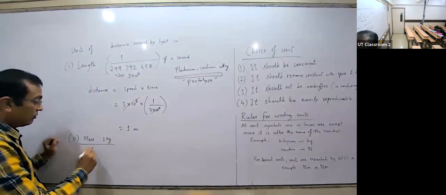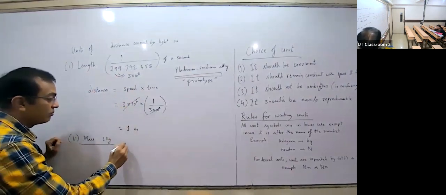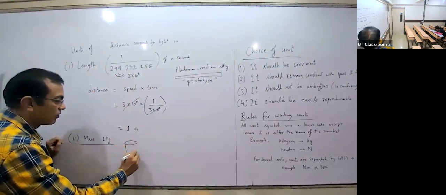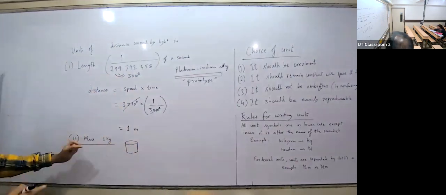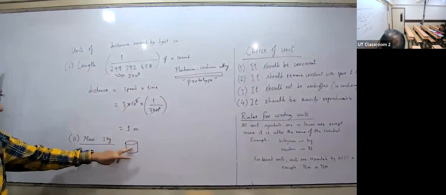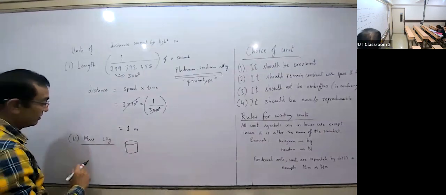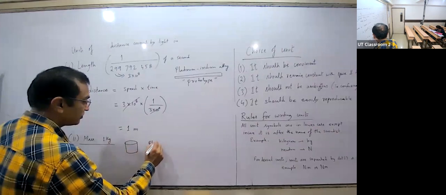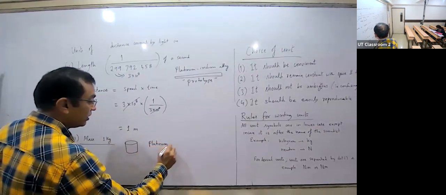So likewise, what was 1 kg? It was a block of platinum iridium. It's a cylindrical block. And whatever weight it had, whatever its mass was, was taken as 1 kg. Got it? So this is a platinum iridium alloy.